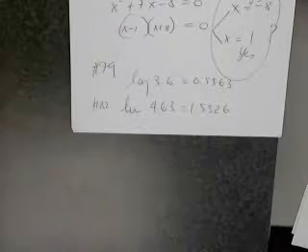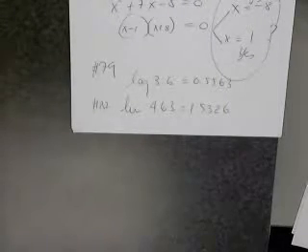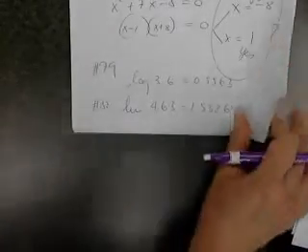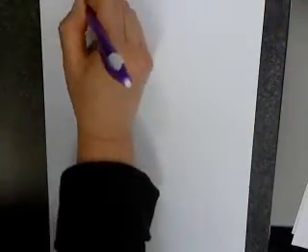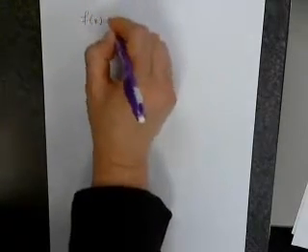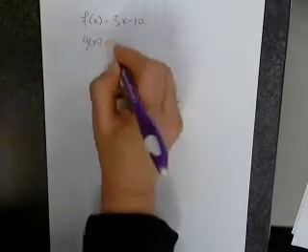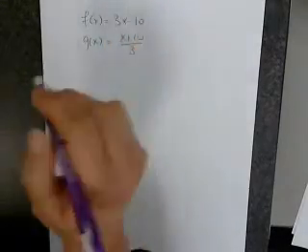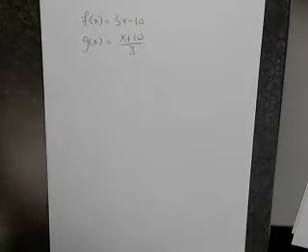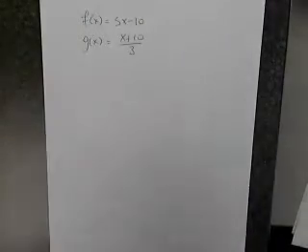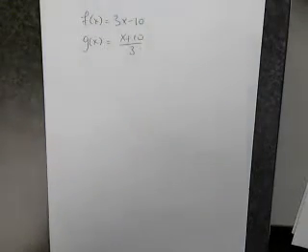Problem 48 on page 728. f of x equals 3x minus 10, and g of x equals x plus 10 over 3. We are asked to check whether they are inverses of each other or not. What do I have to do?